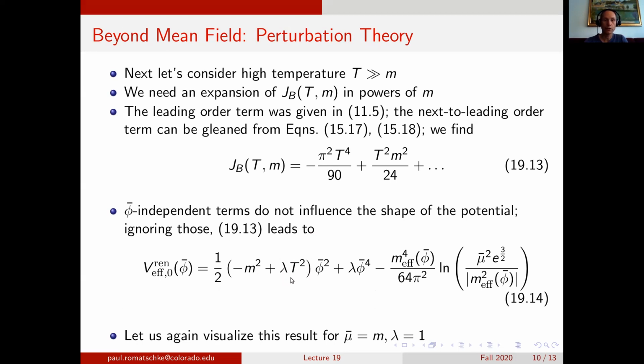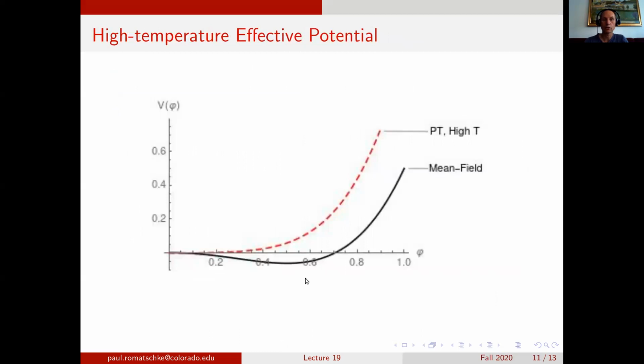And you can see if lambda T squared is large enough, it will change the sign of the quadratic term, and that will make the potential, instead of curving downwards from the origin, curve upwards from the origin, and there's no longer any symmetry breaking.